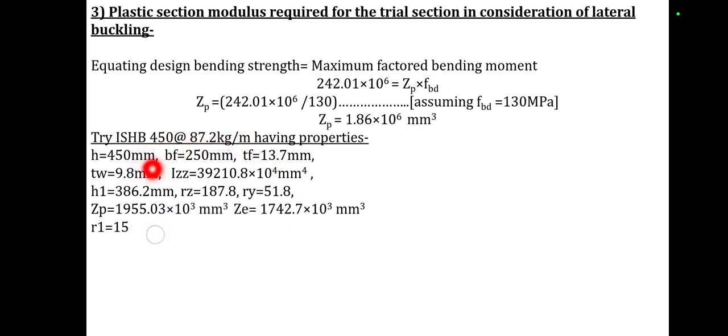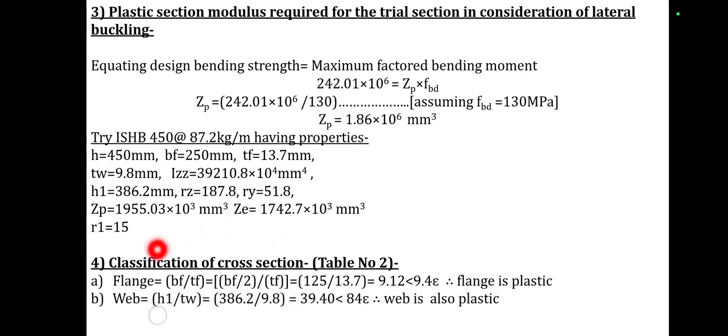The total depth H is 450 mm, width of the flange BF is 250 mm, thickness of the flange TF is 13.7 mm, thickness of the web is 9.2 mm, IZZ, that is IXX, is 39,210.8 mm raised to 4, H1, which we are calculating by subtraction of the root radius R1 as well as the thickness of the flange, and RZ, that is RXX, RY is 51.8, ZP is 1955.03 into 10 raised to 3 mm cube, ZE is 1742.7 into 10 raised to 3 mm cube, and R1 is equal to 15 mm.